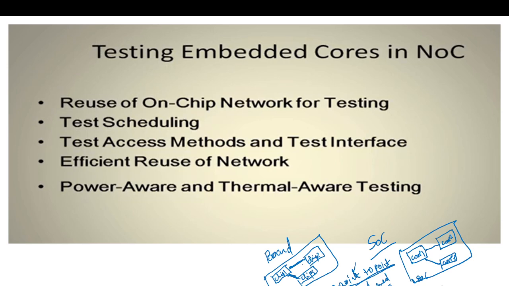Then from this we came to network on chip. This is how we started: first board level testing, then SoC testing, IEEE 1500, and then these possible ways of interconnecting the cores. Then we came to the network on chip based design, so testing the embedded cores in the NoC.